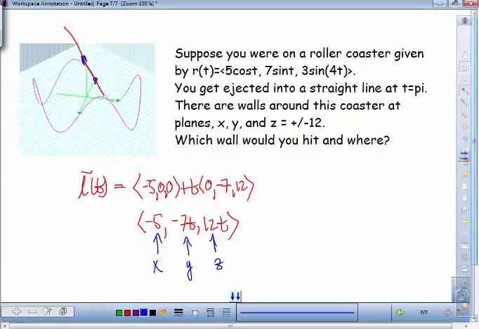So x is equal to 12 or -12 wouldn't make sense, because x is equal to -5. So y is equal to 12, equal to -7t.